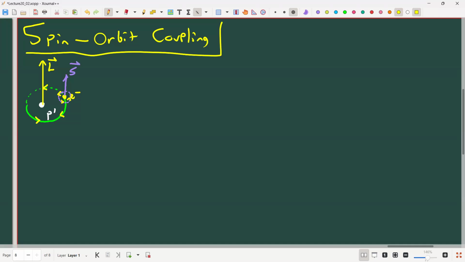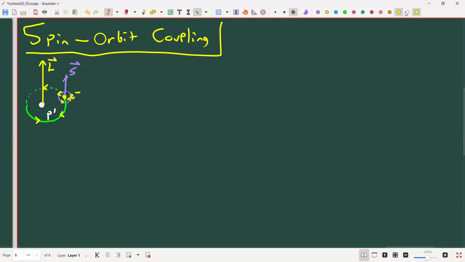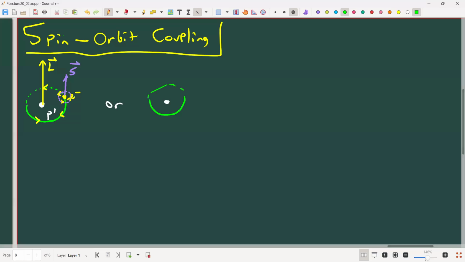So this works, but you can imagine there's a different way to draw this, because I could also have the electron orbiting counterclockwise around the proton.